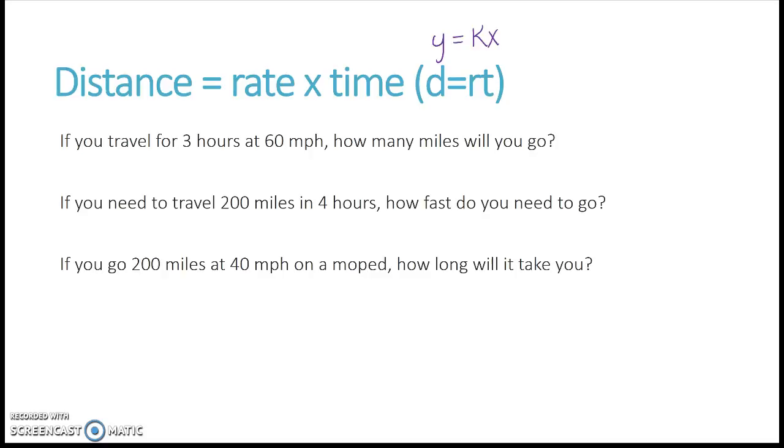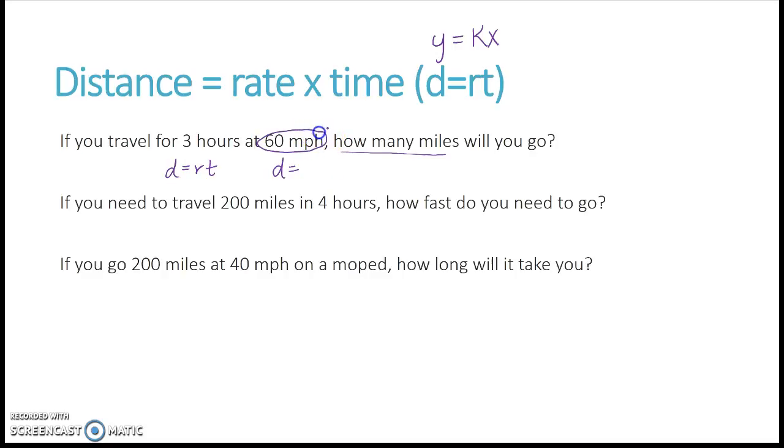Okay. So here it says, if you traveled 3 hours at 60 miles per hour, how many miles would you go? So we're saying how many miles? That is distance, right? So we're saying distance equals rate times time. So we don't know our distance, but they're going for 3 hours at 60 miles per hour.